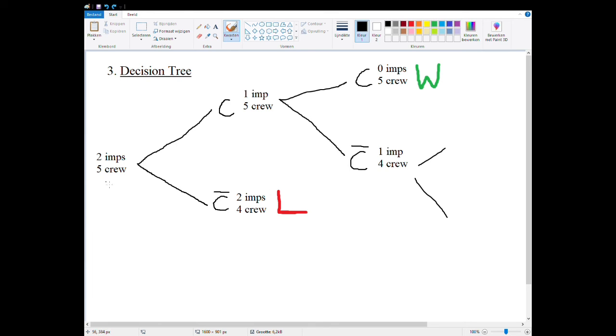And that's why you often hear people say, don't vote on 7, or 2 imposters, 5 crew, because if you vote wrong, boom, the game is over. On the other hand, if you vote correctly, you now are left with 1 imposter. And you play the game, whatever. And again, this is just assuming that no kills happen. This is all theoretical, so that's another assumption, and flaw is a better word, of this decision tree.